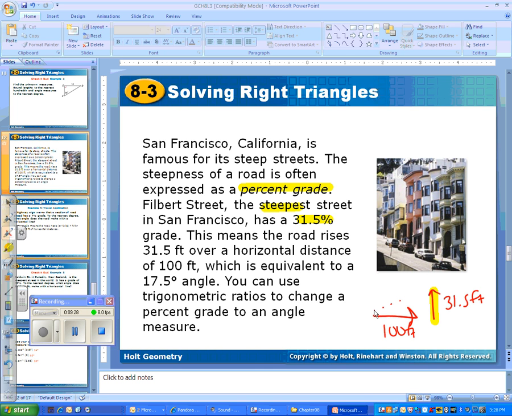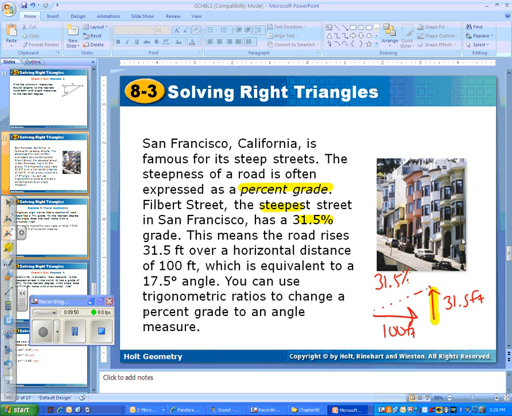So you can think of it like slope. So in San Francisco, I've only been there a couple times, but I remember the streets being really steep. It has a road that rises 31.5 feet for every 100 feet. That's pretty significant.